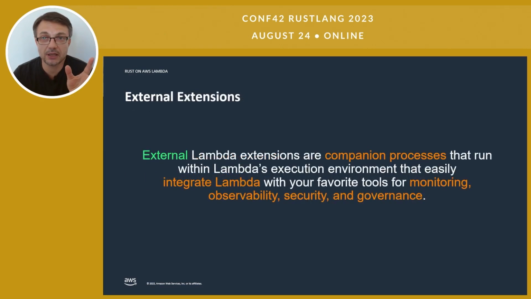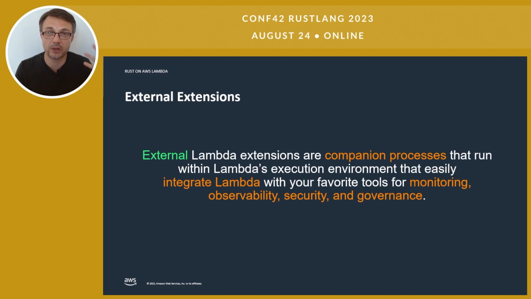In terms of extensions, there are two different types, but for today's talk, we will be focusing more on external extensions. An external extension is like a separate process that runs in the same runtime, in the same execution environment.